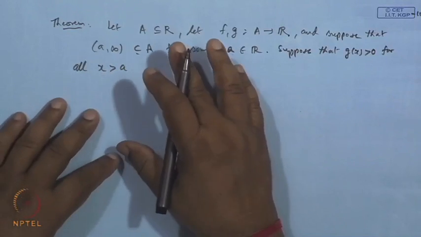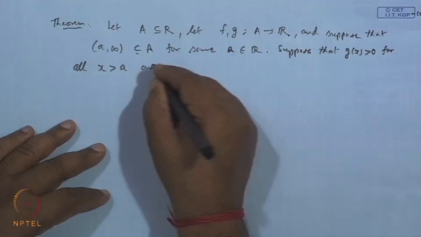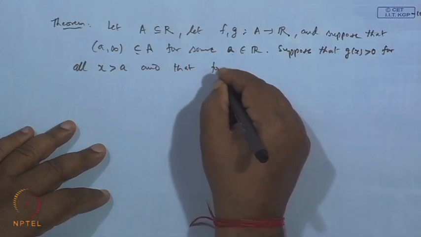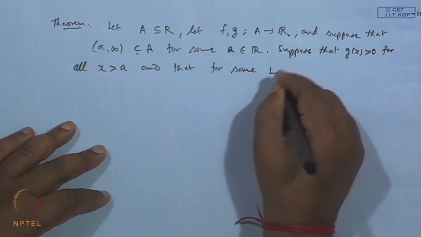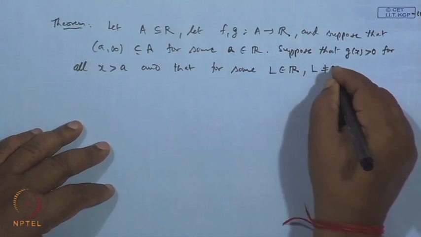So, these are the restrictions we put, and that for some L in R, L is not equal to 0.